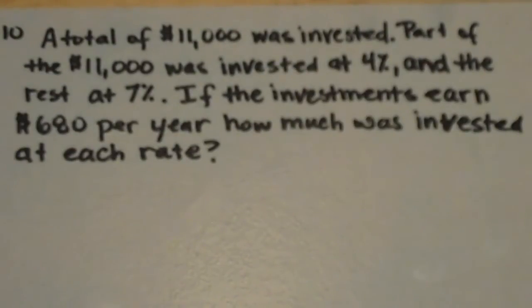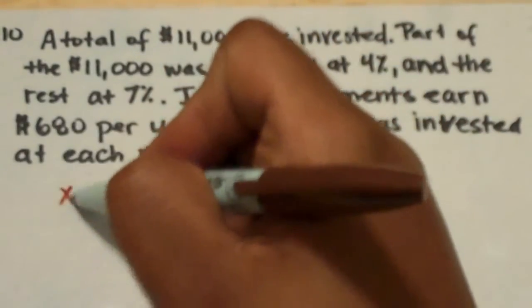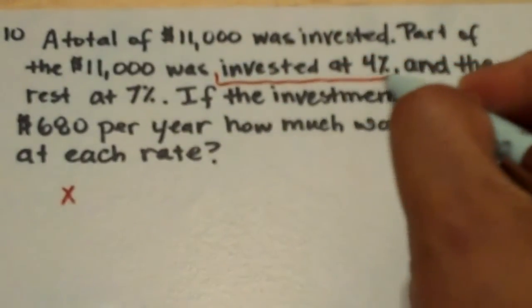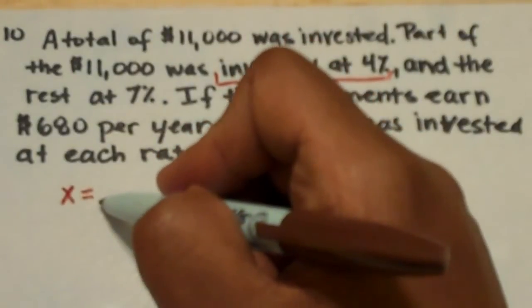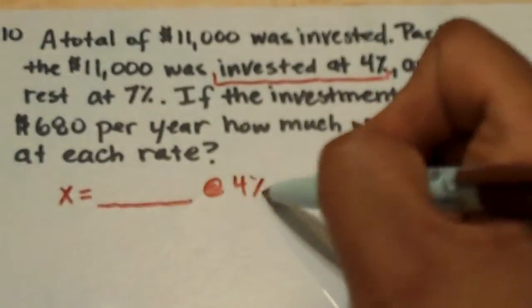So some things you want to keep in mind is, first of all, you have to use two variables. So we're going to use an X and a Y, and we're talking about two investments here. So X will be one investment, and we're going to have it at the 4% rate. So X equals whatever investment at 4%.